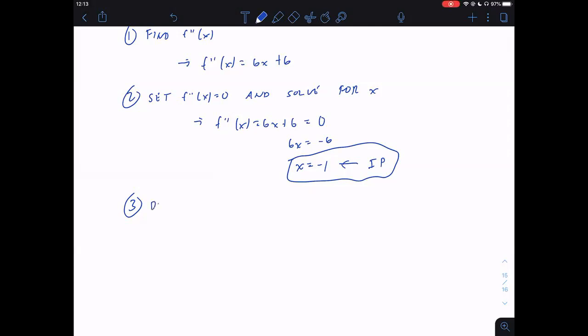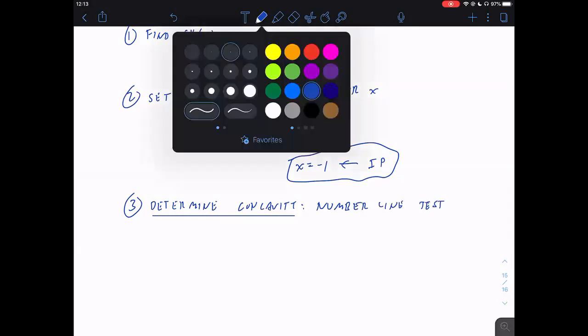All right, so to determine the concavity, we once again have to do that number line test. Now be careful, it's not called the second derivative test. The second derivative test is a different type of concept, which I'll talk about later on in this chapter. To determine the concavity, we do what's known as the general number line test, which is pretty similar to what we did with the first derivative test.